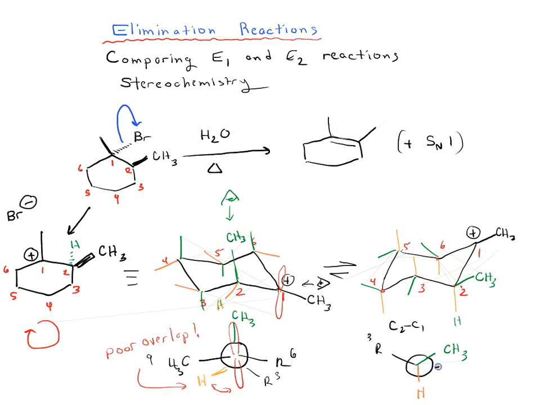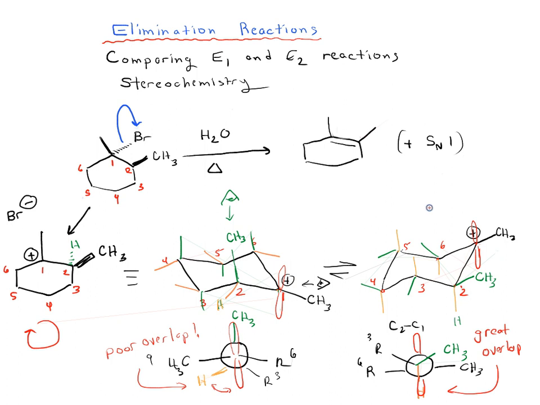We'd have our CH3 from the carbocation here. We'd have our R group from carbon 6 here. And the best part is that we'd have overlap of this empty p orbital with the C-H. So now we've got great overlap, and the E1 can happen.